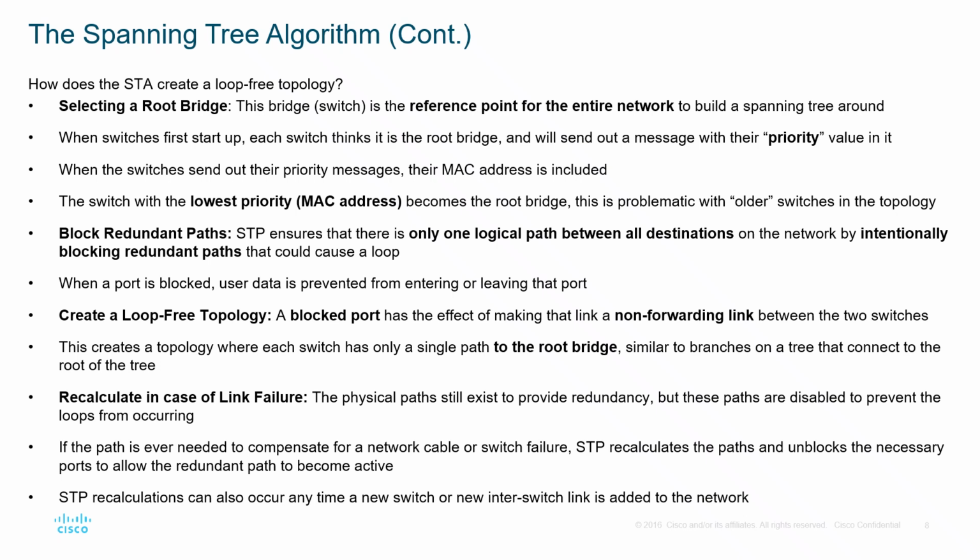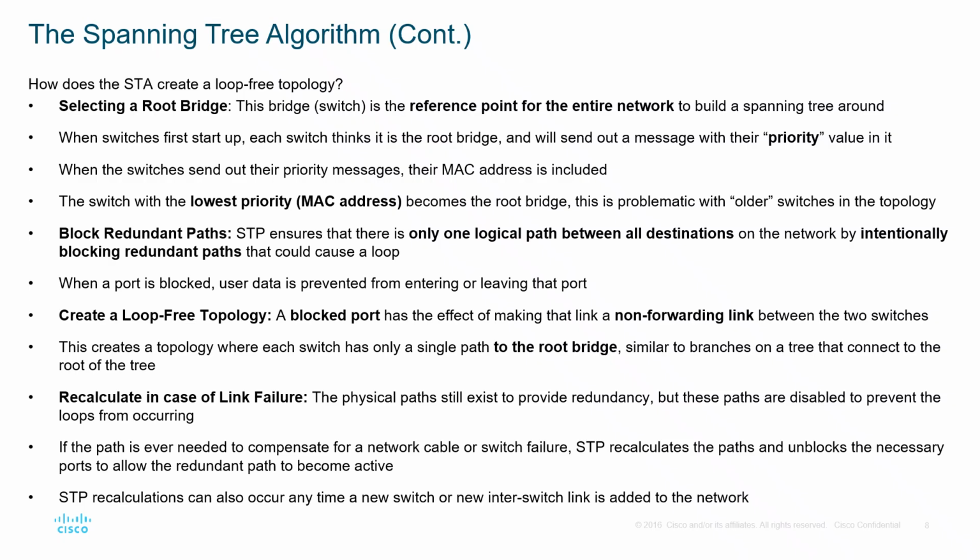Then it has to recalculate in the case of a link failure. So physical links still exist to provide redundancy, but these paths are disabled to prevent those loops from occurring. Don't forget, when we're talking physical and logical, this logical blocking is something that happens in software. You still have that physical connection where redundancy would be in place if the other link went down.